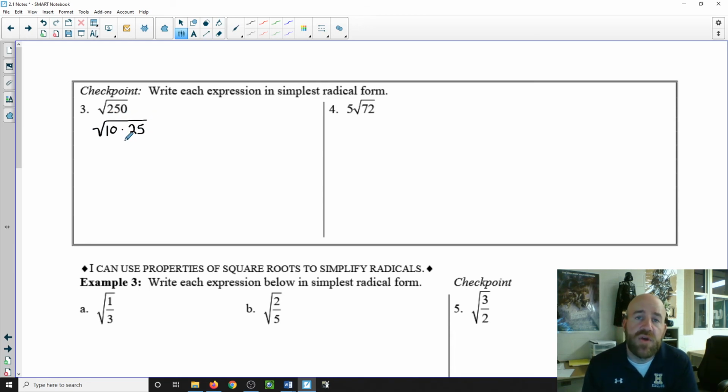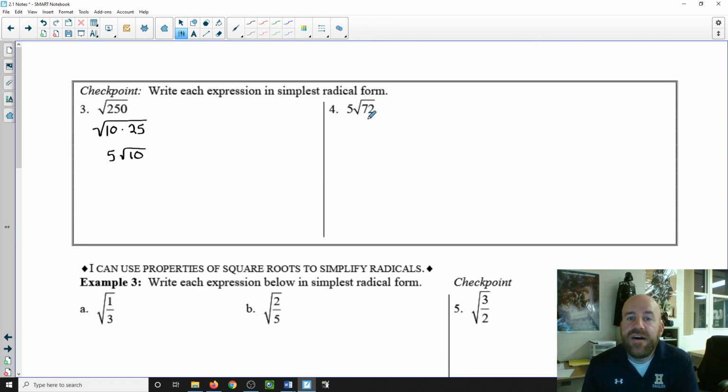Okay, so sometimes when you break these numbers up into factors that you know, sometimes you're going to be able to reduce it even further. You're going to be able to take out more perfect squares. So square root of 10 we cannot do, and then square root of 25 is 5. So 5 root 10 should be your final.